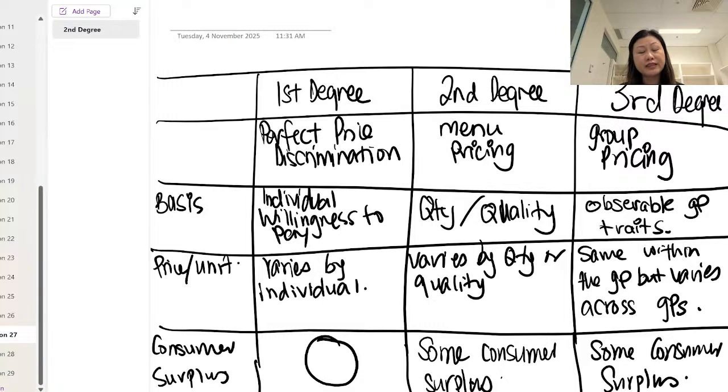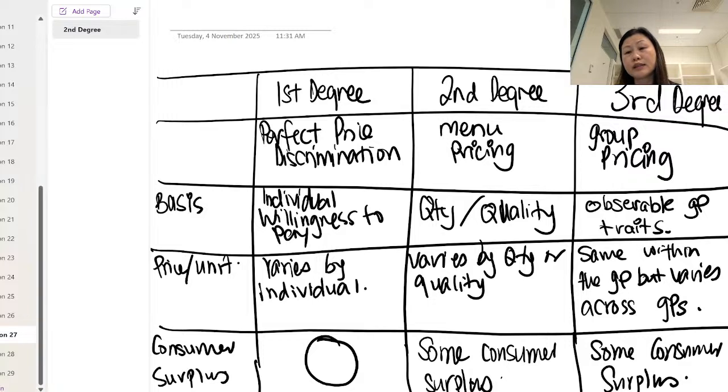How it differs between the price per unit with the first degree varies by the individual, because we take the individual's willingness to pay as a benchmark as to what we're going to make them pay. Second degree price discrimination varies by quantity or quality, whether you're flying business class or you're flying economy, or you're buying 100,000 units of something versus buying one.